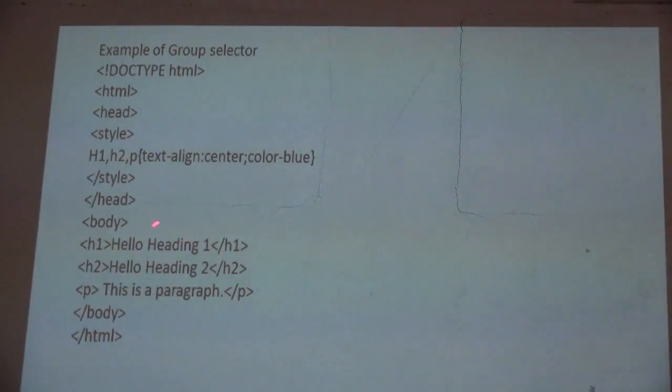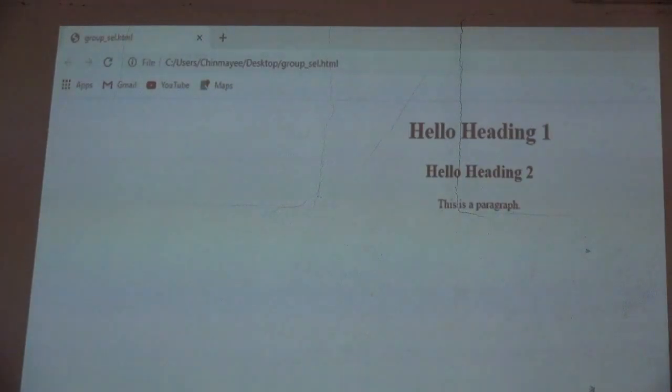To identify that these contents are same, hello heading is same for H1 and H2, but we are having the number 1 and 2. For heading 1 it is having the number 1, and for heading 2 it is having the number 2. Now in the paragraph tag, this is a paragraph, it is closed. Lastly we are closing the body tag, and at the end of the program we are closing the HTML tag. See what will be the output of this program.